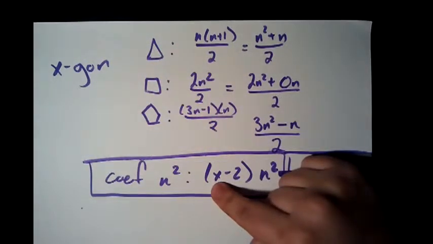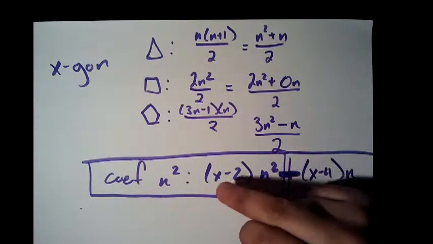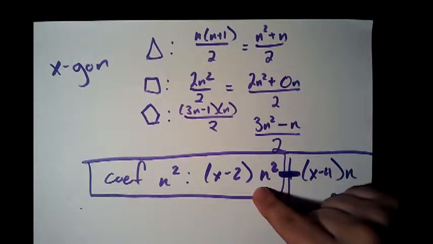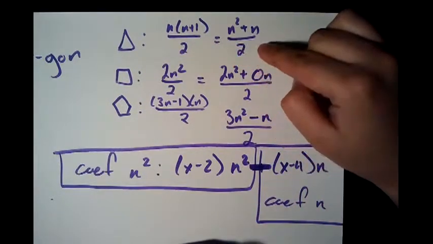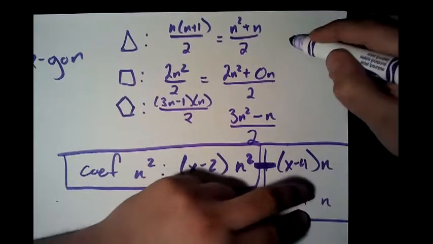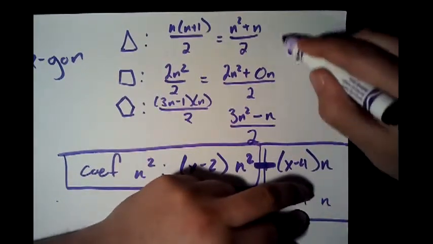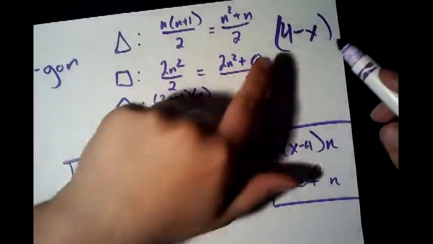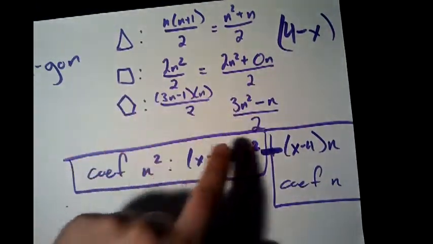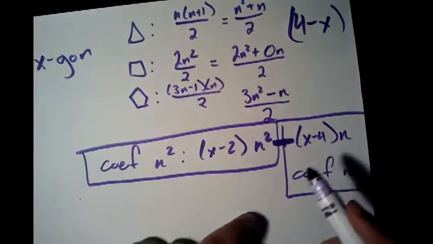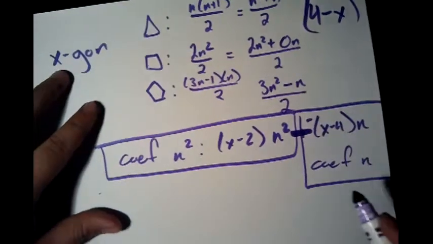So we see that if x is the number of sides, then it's x minus 2 times n squared. Then we find that the coefficient of n is given by 4 minus x, because we see that here 4 minus 3 is 1, 4 minus 4 is 0, 4 minus 5 is negative 1. So I wrote that here, and I wrote negative.